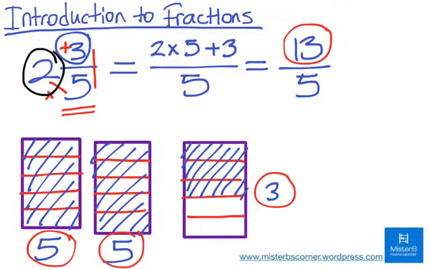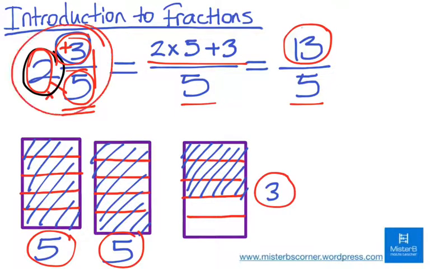This is how I do the calculation. So it is 2 times 5 plus 3, as I wrote here. And then the denominator does not change because these wholes are divided by 5. So there are 5 pieces each. So the denominator is always the same. So we convert this mixed number fraction to an improper fraction.